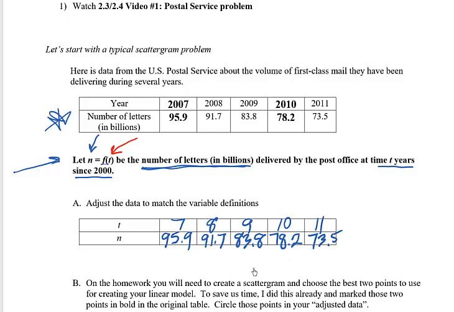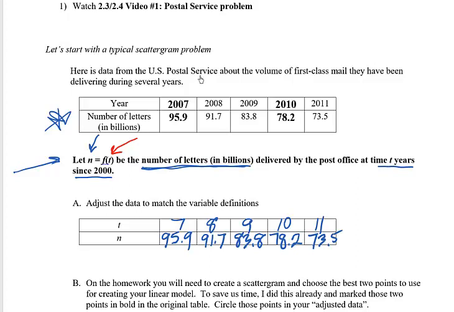Well, normally what would come next is making a scattergram of this data so that you can do two things. Number one, verify that the dots kind of look like they fall into a straight line. And number two, decide which 2 points to use to find the equation of the line. Well, I've done that already to save us some time in this lesson. And I verified, you can check it out as well if you want to, that yes, this looks like a fairly linear pattern.